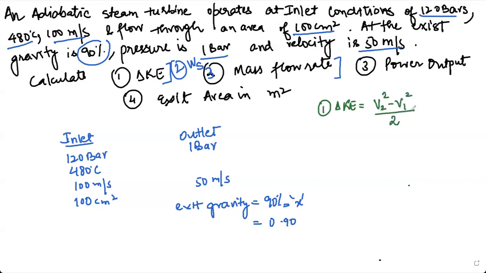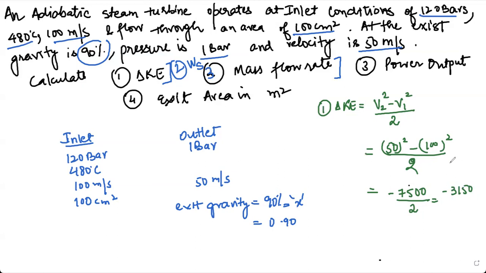It is actually half mv square, but in these properties of calculations, we do not consider the mass. Okay, so V2 square minus V1 square, which is 50 squared minus 100 squared divided by 2. When we do these calculations, we'll get minus 7500 by 2, which is minus 3750 joules per kg.